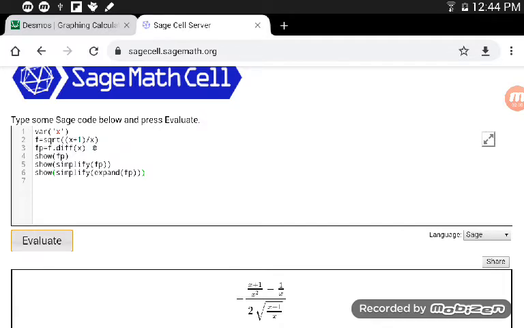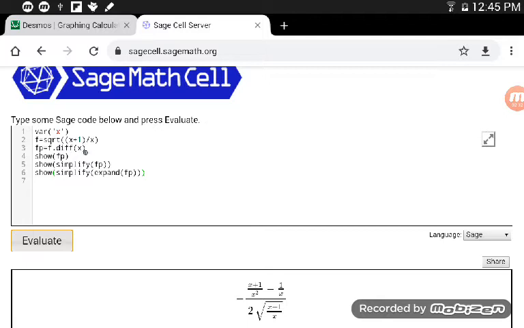Now I said fp equals, because fp is f prime, and I took the original function f and said dot diff, so it's the derivative, differentiated, of x.